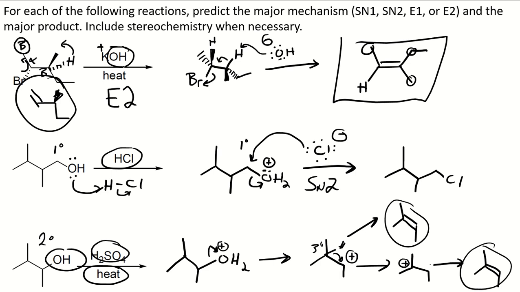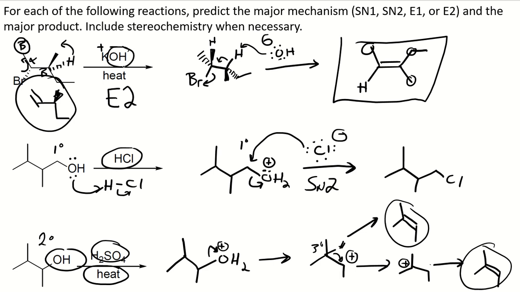And then last, again, secondary alcohol, acidic conditions, we make our leaving group, which is water. The leaving group leaves because it's a secondary alcohol, meaning that we can form a carbocation there. And we don't have a strong base for acidic conditions, so we're usually going to favor a lot of times the E1 process.